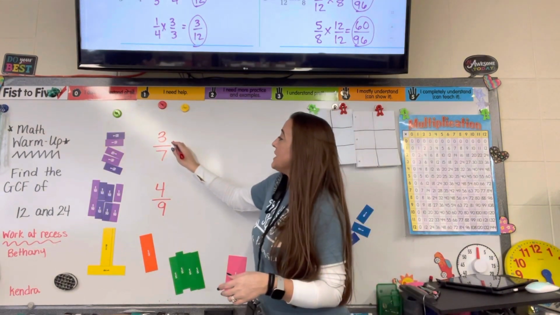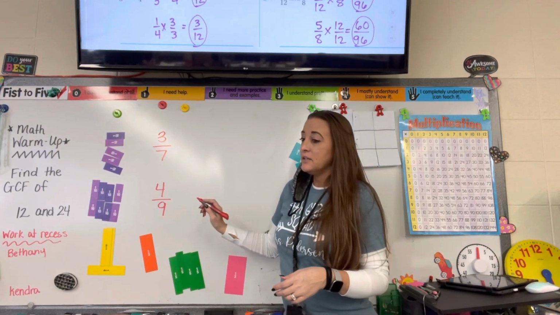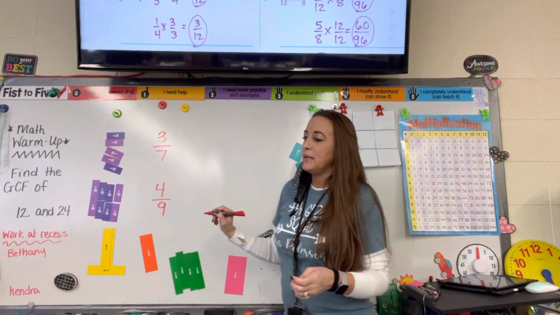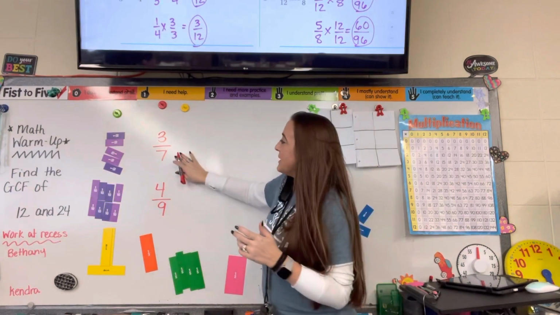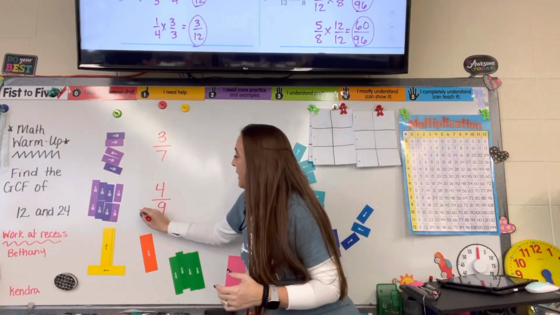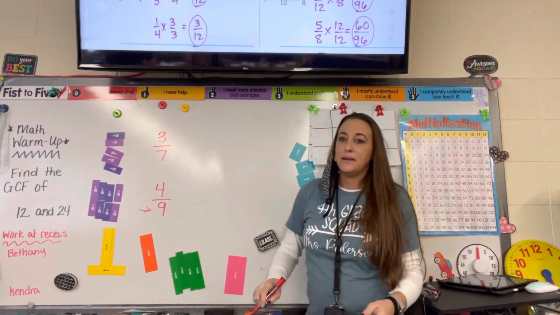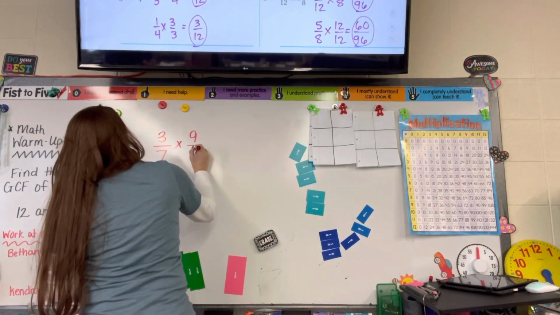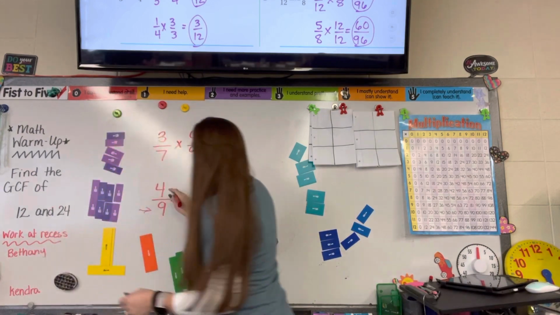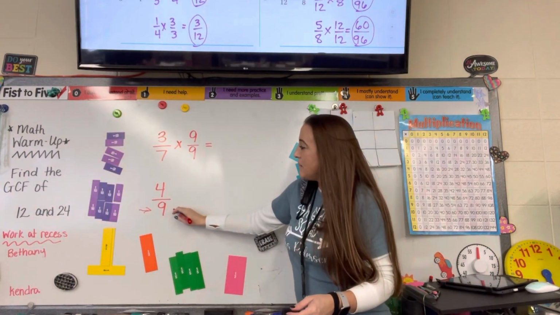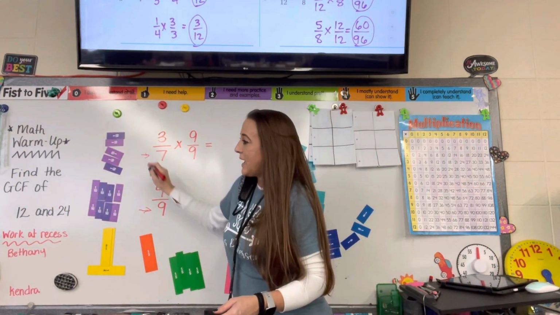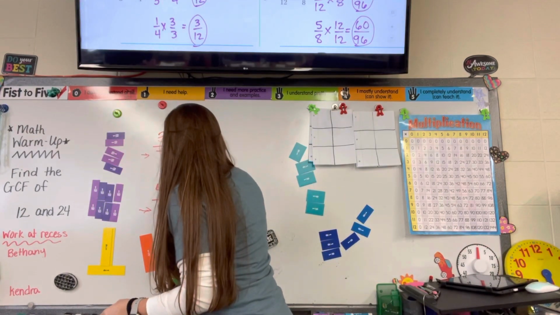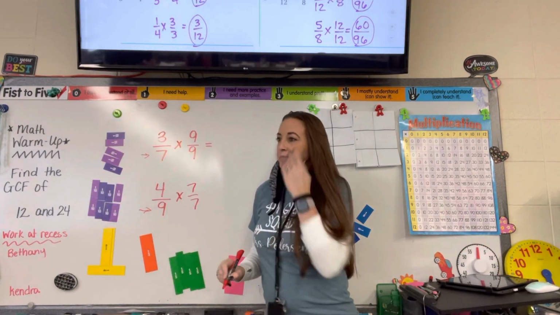I'm going to take 3/7 and multiply by this guy, 9 over 9. Then I'm going to take 4/9 and multiply times this guy, 7 over 7. That's it.